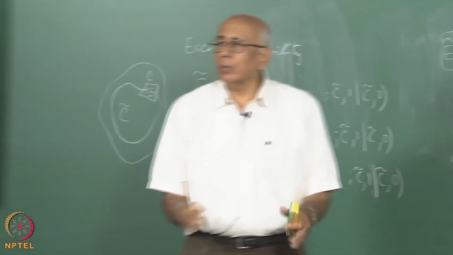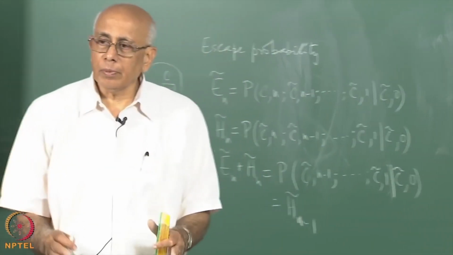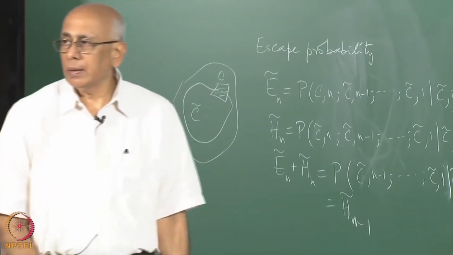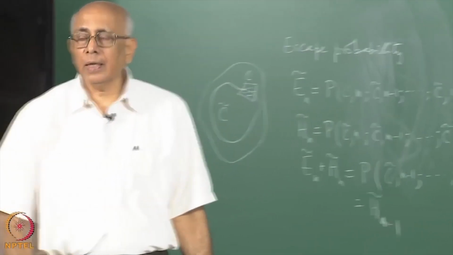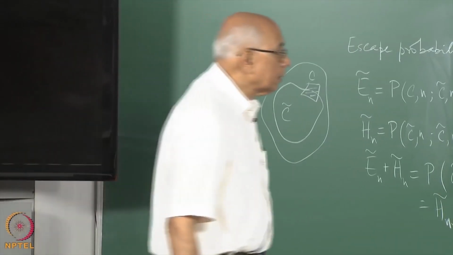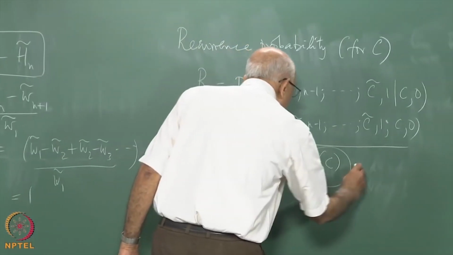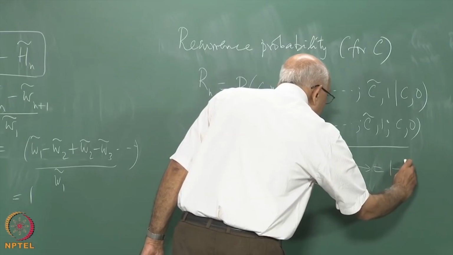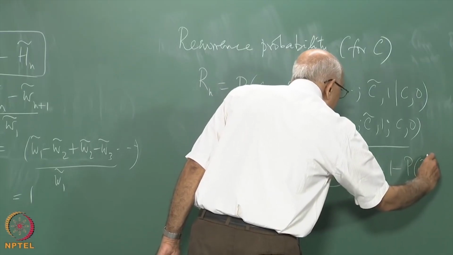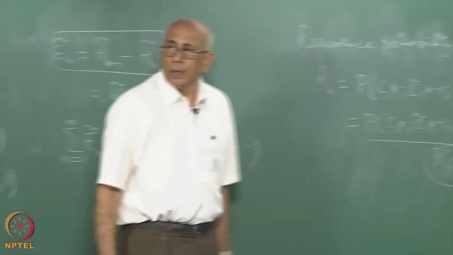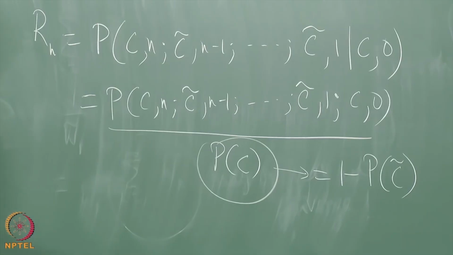Okay. As always, I write this conditional probability as a joint probability divided by whatever is the probability of the conditioning. But this thing here is equal to 1 minus P of C tilde, because the total probability measure is 1 for the full phase space, right.